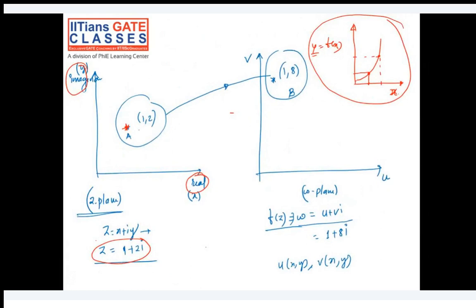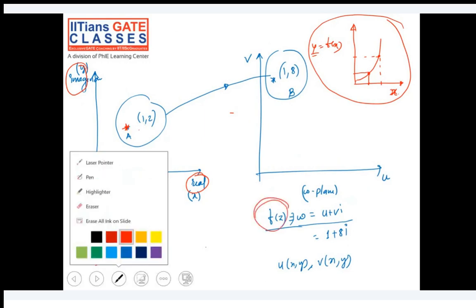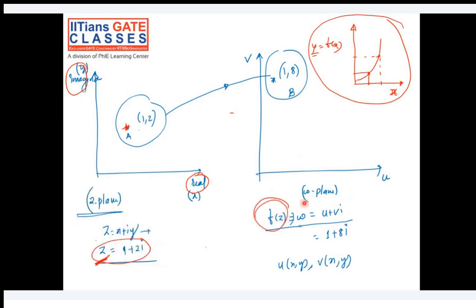So this is how your z is equal to 1 plus 2i, then f of z, which is u plus vi, again you need another plane. Corresponding to this value a, the value of the function is b maybe. Let's say that point is (1, 8). So f of z is 1 plus 8i, just an example.